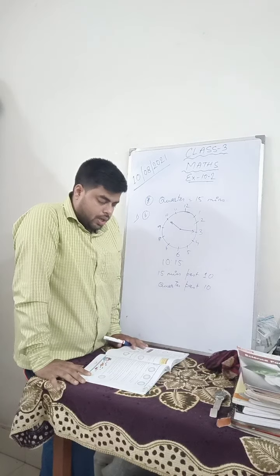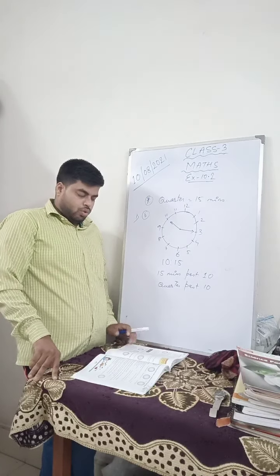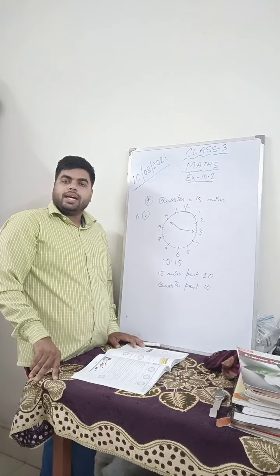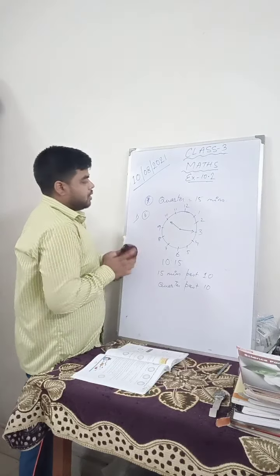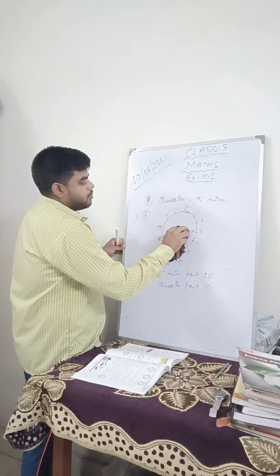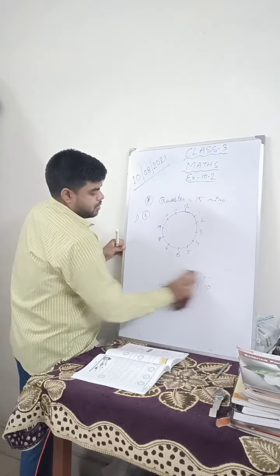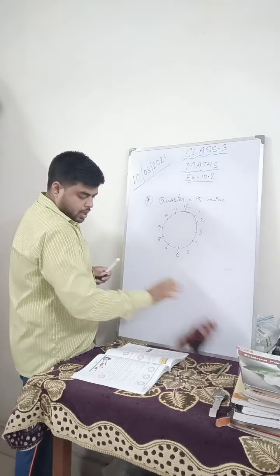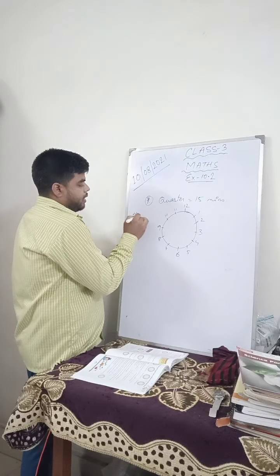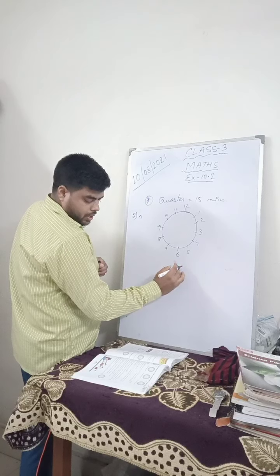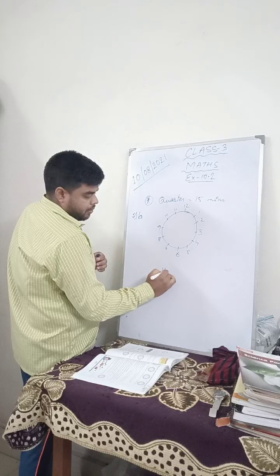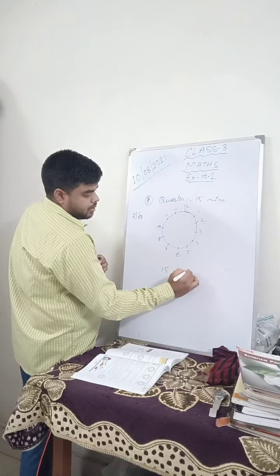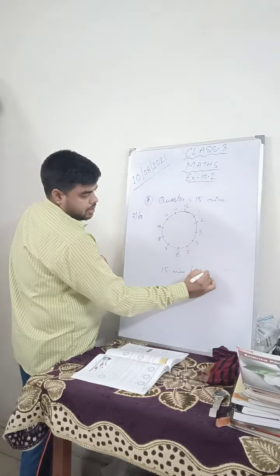Next, draw. In question number 2, they have given you the time, and according to the time you have to draw the minute hand and the hour hand. So let me show you one. In question number 2a, they have given 8, let us do 2b. Question number 2b, they have said 15 minutes past 3.